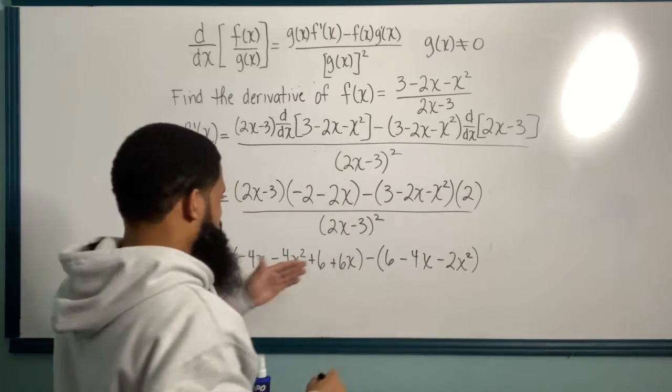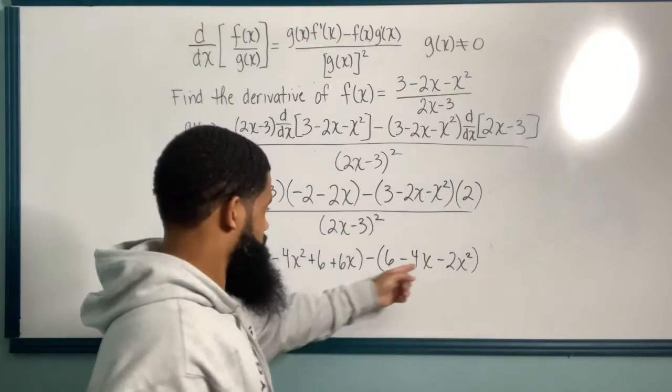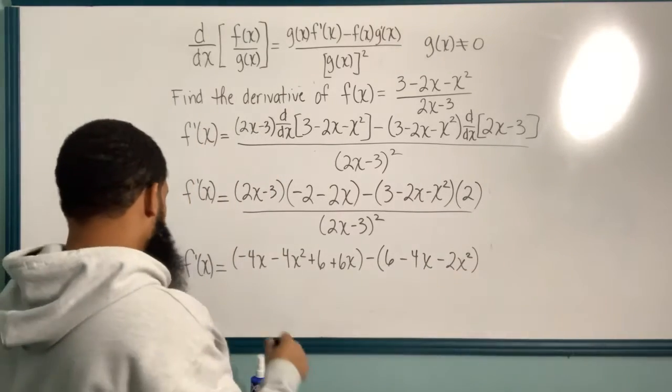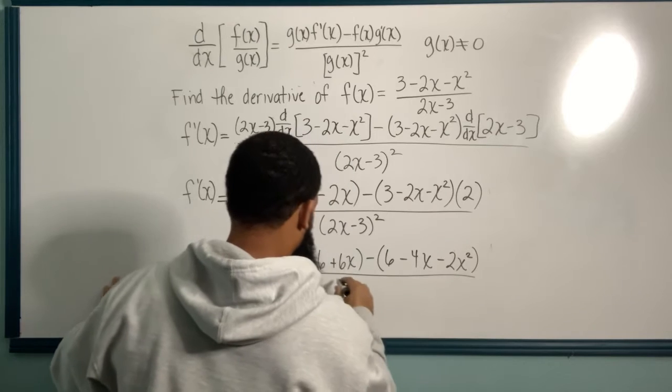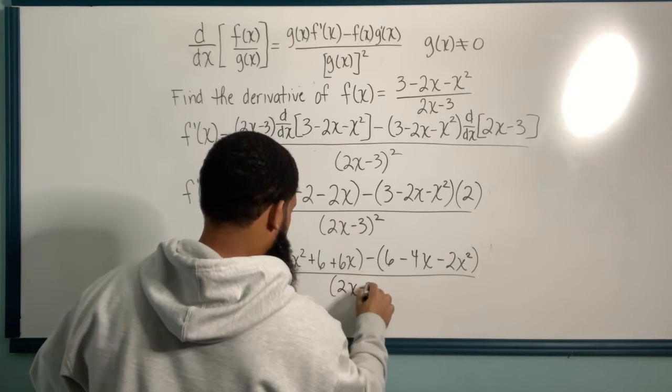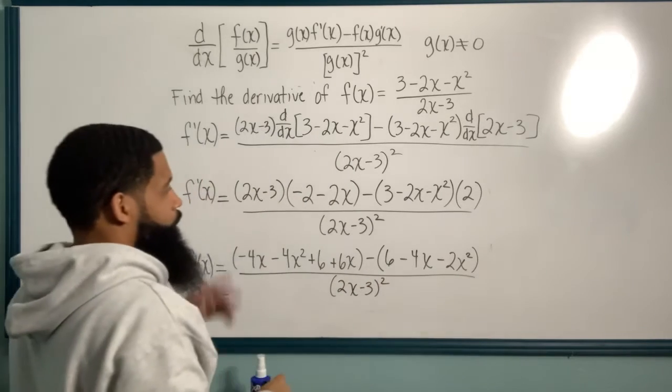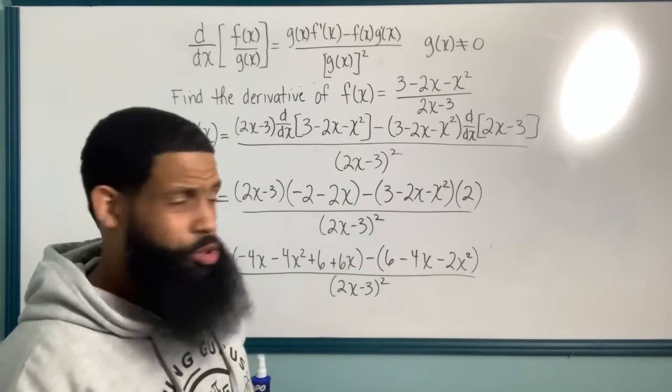All right, so we still need to distribute this right here. This is still over 2x minus 3 squared. I'm going to write small, but I'm going to make sure you can see this.